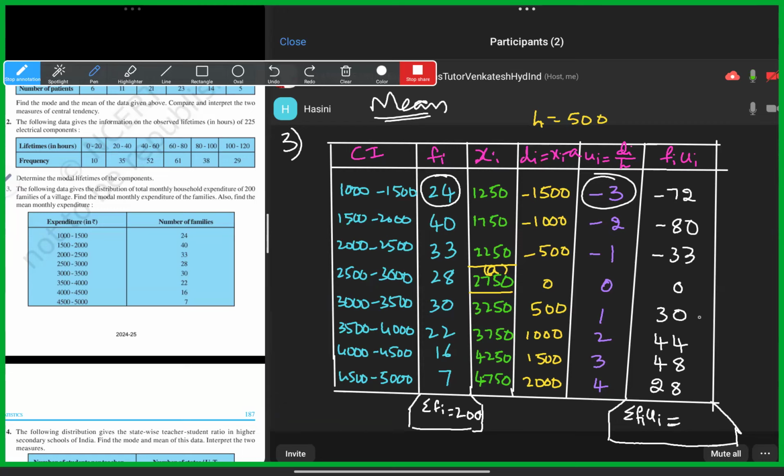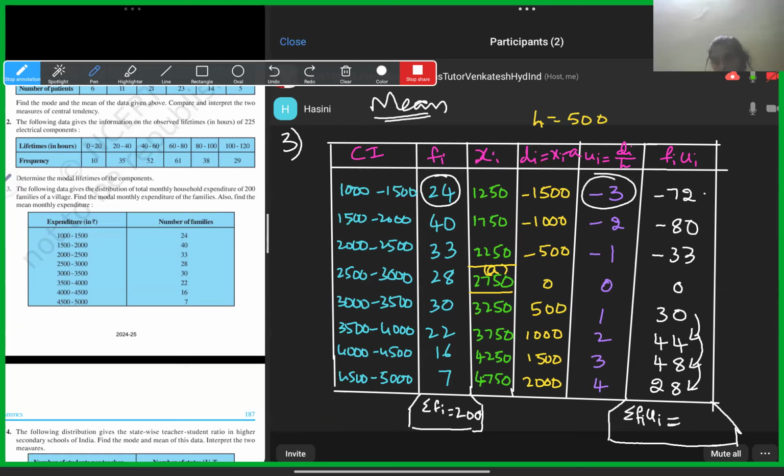First I'll add all the positive values: 30 plus 44 is 74, 74 plus 48 is 122, 122 plus 28 is 150.